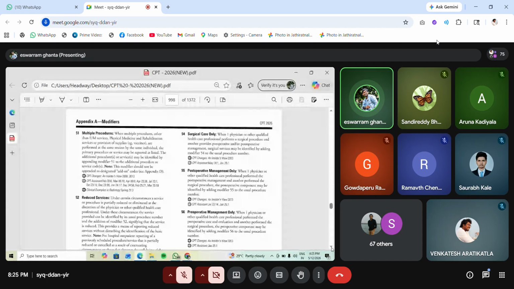Next, coming to the 51 modifier, it is also one of the most commonly used important modifiers. The 51 modifier is known as the multiple procedure modifier. It is used when multiple procedures are performed in the same session. Yesterday I told you one example: the patient has appendicitis and also gallbladder stones.